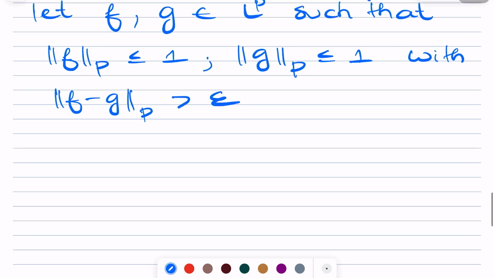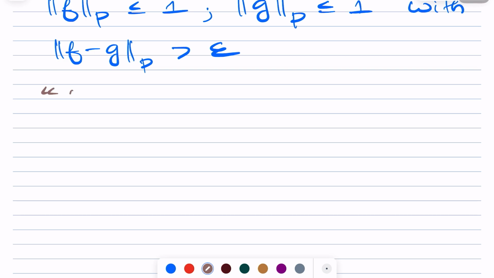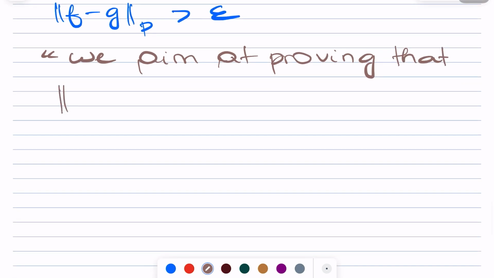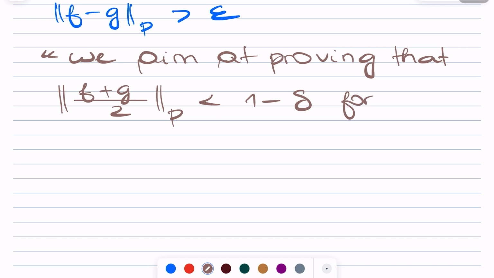So just for your recall, we'll aim at proving that the midpoint (f plus g) over 2, its L^p norm, is contained in a ball of radius 1 minus delta, for some delta positive. So this is what we want to show.